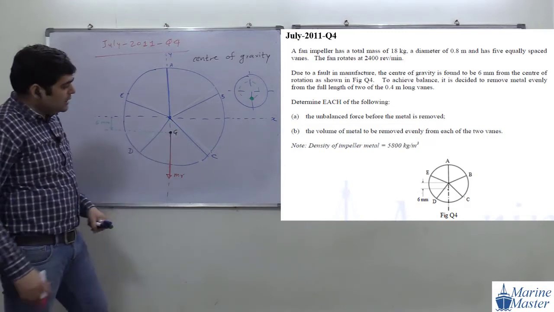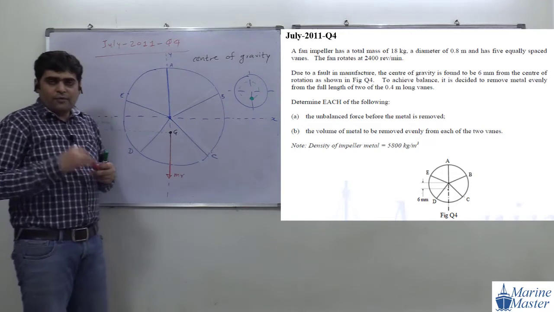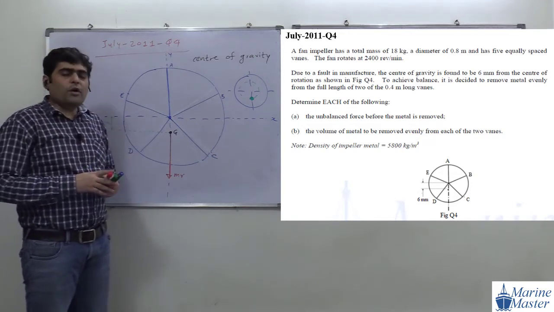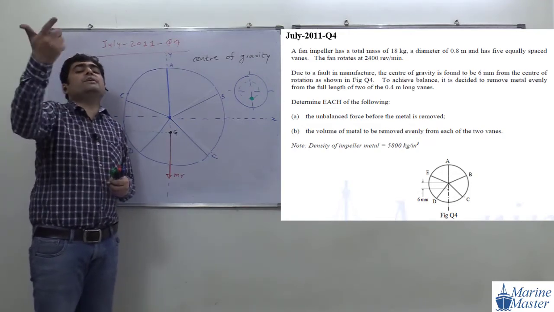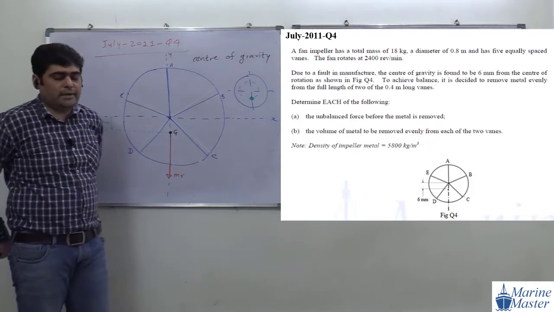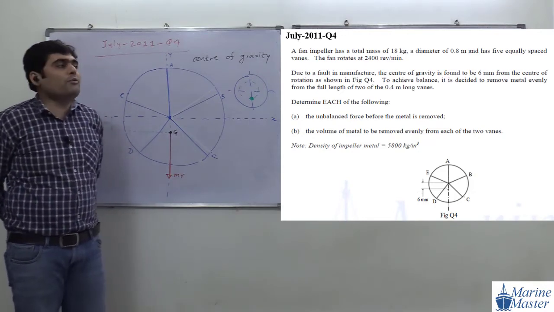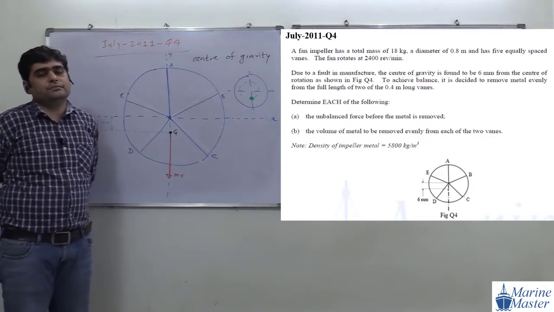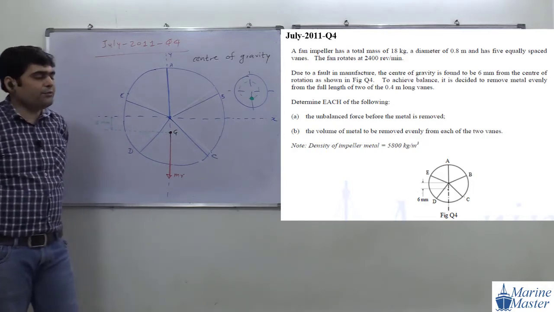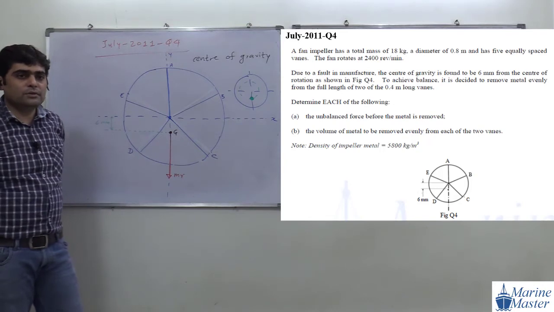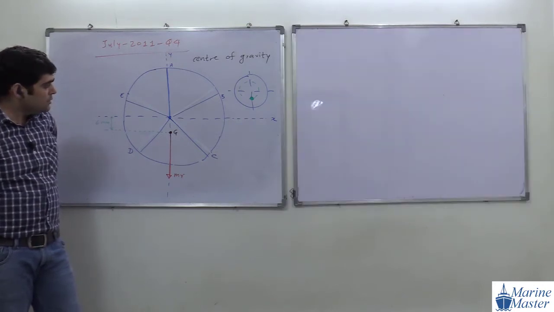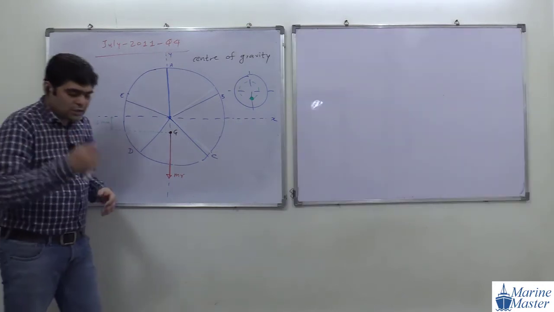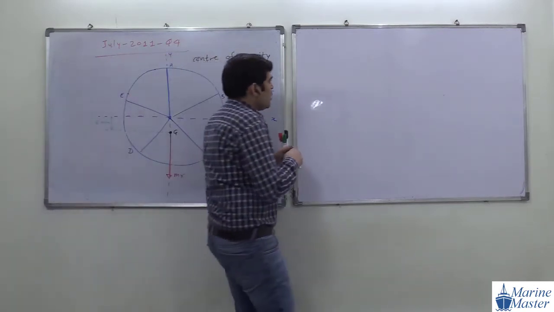Now my next question for all of you: for balancing, from which veins are we going to remove material? You have five options.